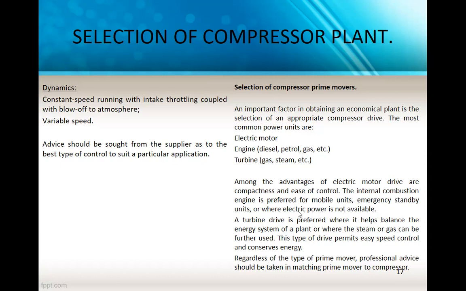The internal combustion engine is preferred for mobile units, emergency standby units, or where electric power is not available. A turbine drive is preferred where it helps balance the energy system of a plant, or where the steam or gas can be further used.